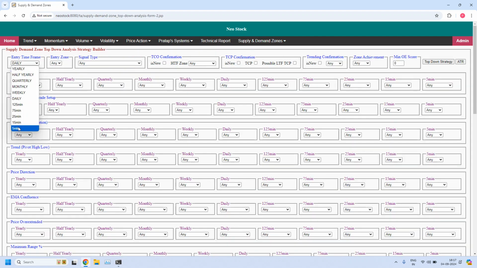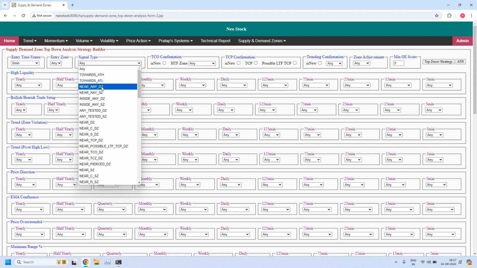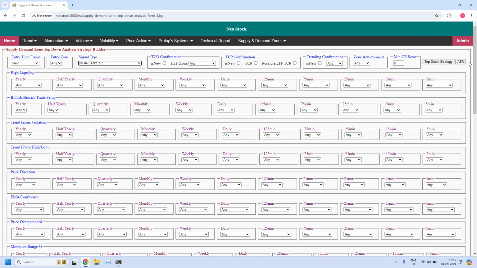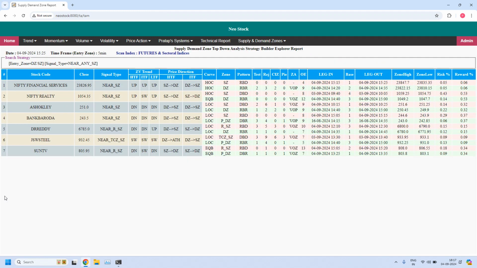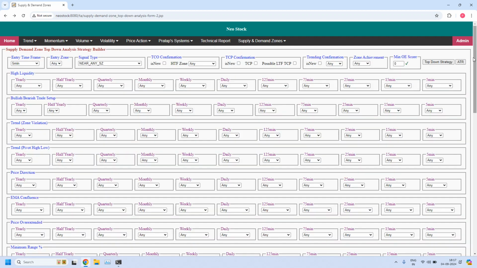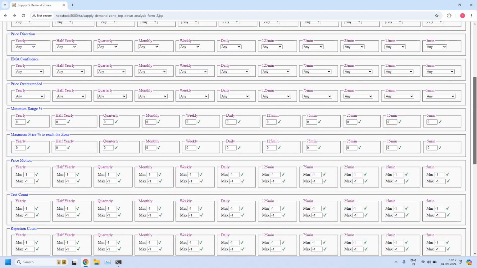So next, for 5 minutes time frame, let us find the stocks near 5 minutes supply zone. 7 stocks are filtered near to the 5 minute supply zone. So let's verify any of these supply zones are having confluence with ITF time frame. That is a 5-minute supply zone and 15-minute supply zone confluence.